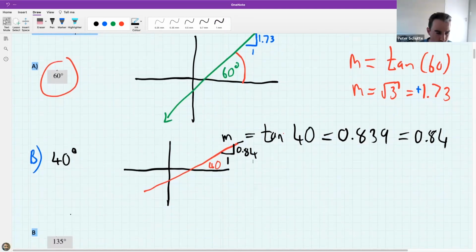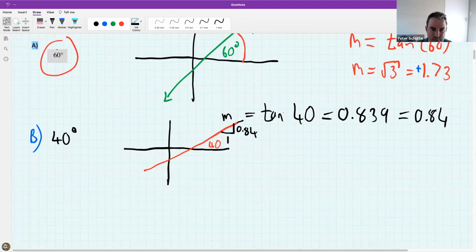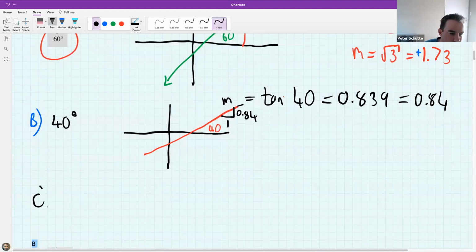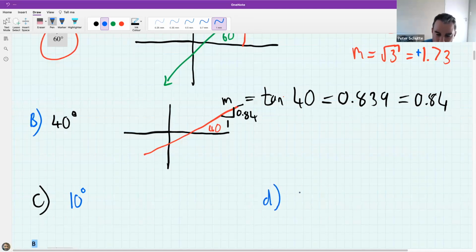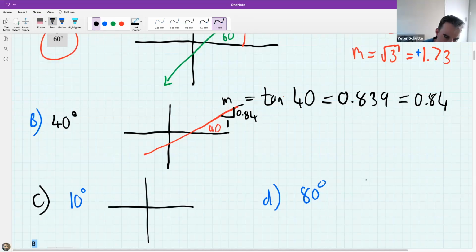Let's try two more. What is the gradient if the angle of inclination is 10 degrees? And what is the gradient if the angle of inclination is 80 degrees? I want you to tell me what you find out.